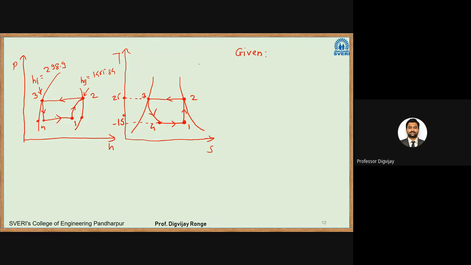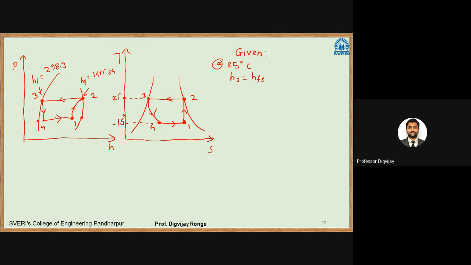So I'll write down the given values. At 25 degrees Celsius, they have given H3, which is nothing but HF3.